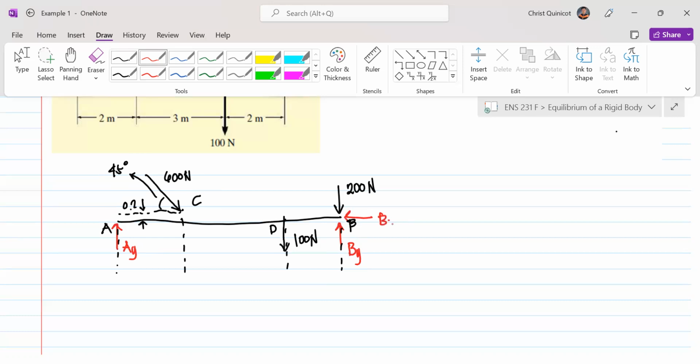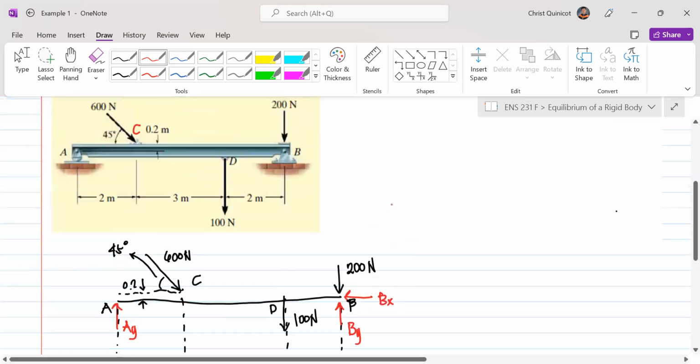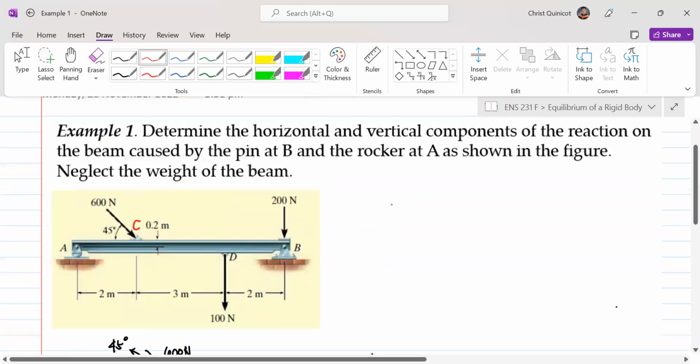Now for our horizontal component at B, which is B sub X, we can just assume a direction. However, if we inspect our forces here, only our 600 Newton force has a horizontal component, which is 600 cosine 45, right?